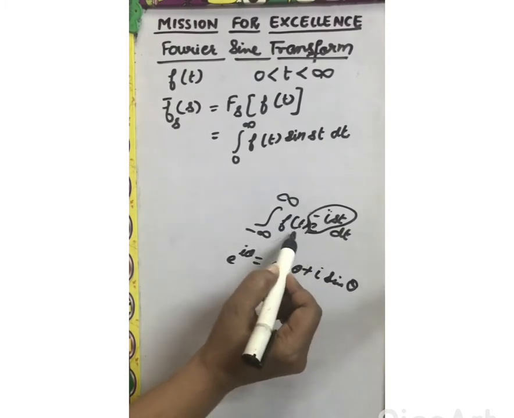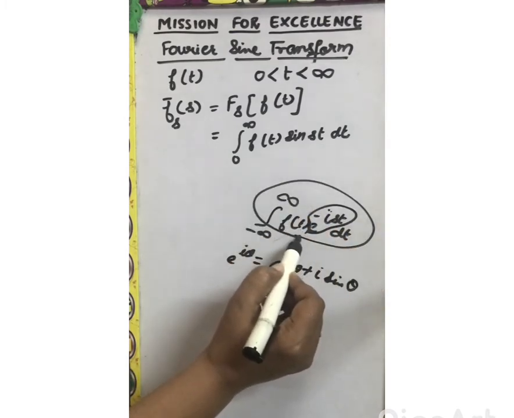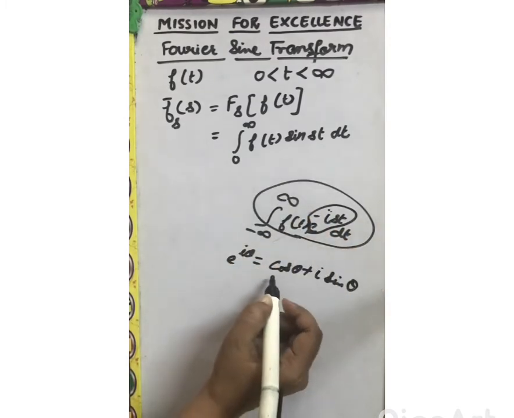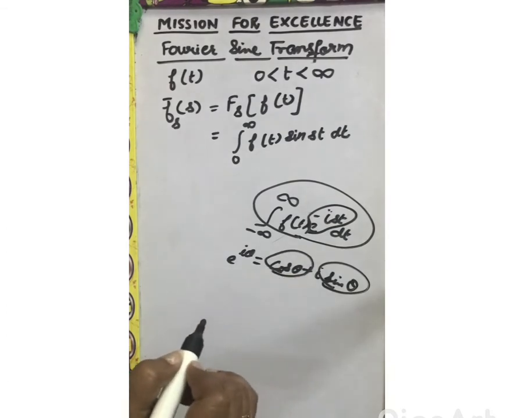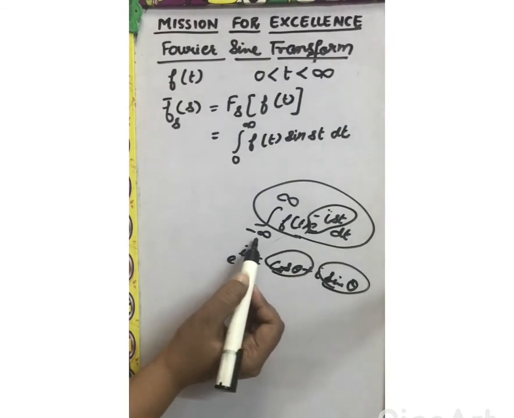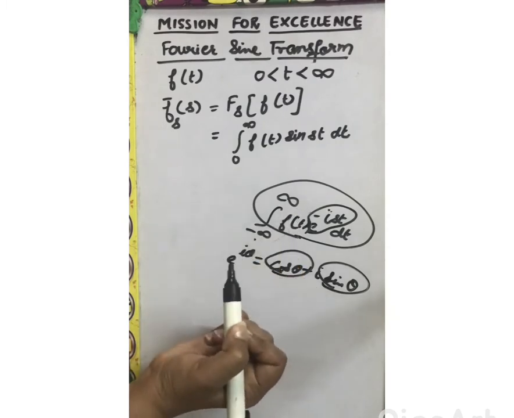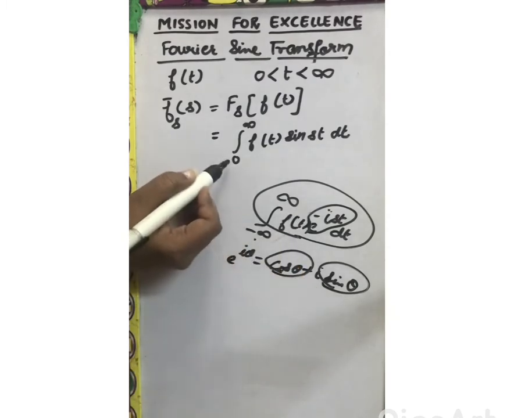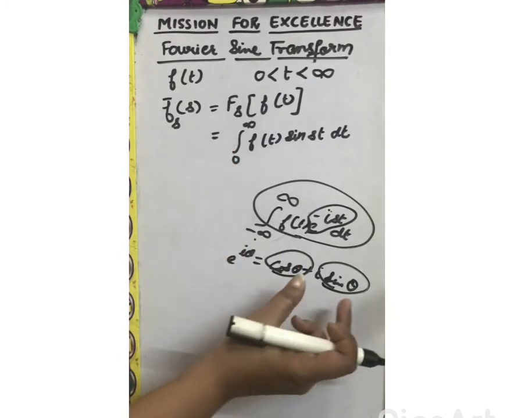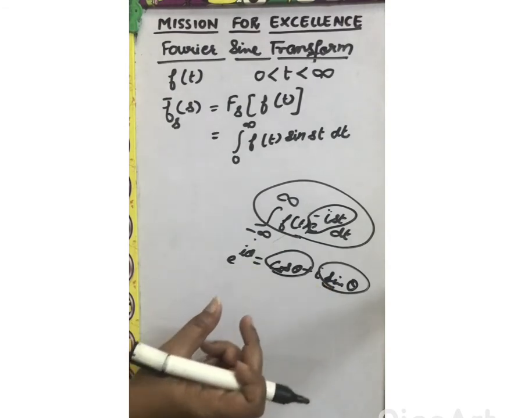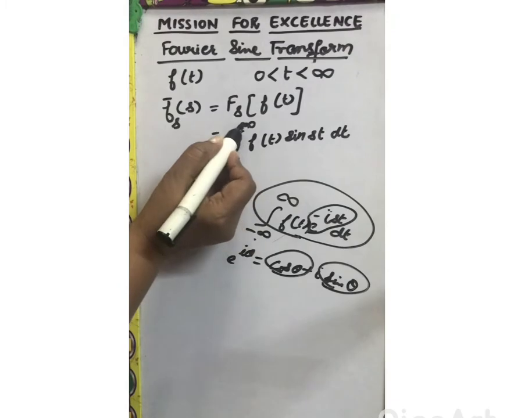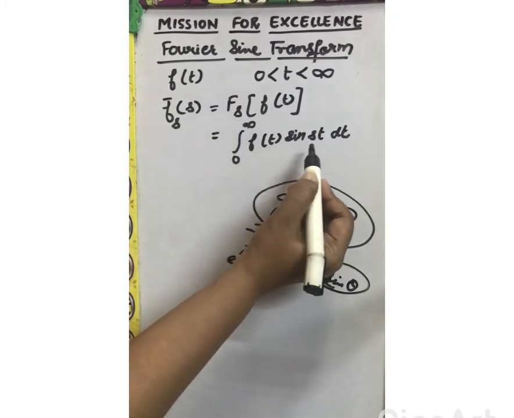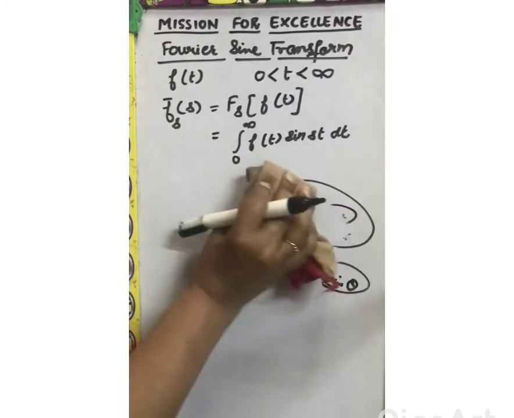So this complex Fourier transform is divided into two parts: first Fourier sine integral and Fourier cosine integral. This minus infinity to infinity will also be converted to 0 to infinity, as we are taking only the half part of that. So that's why the Fourier sine transform is 0 to infinity f(t) sin(st) dt.